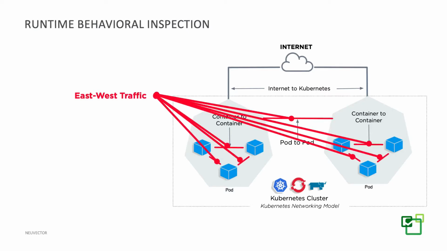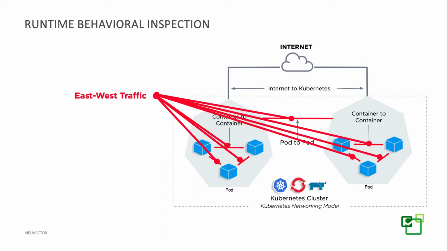The east-west traffic is what we call the traffic that goes within the cluster between pods, whether that's on the same host or between hosts. And we're able to observe that traffic when you run your test traffic through. We're able to create a layer 7 application protocol specific firewall rule to allow certain connections between containers.